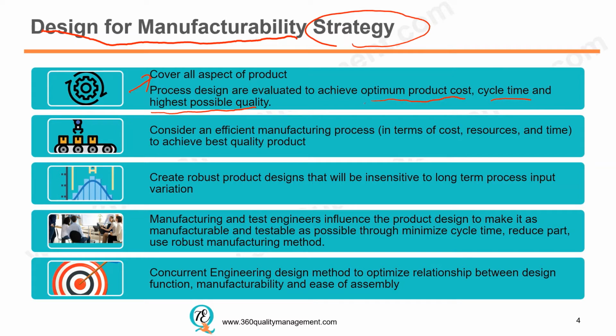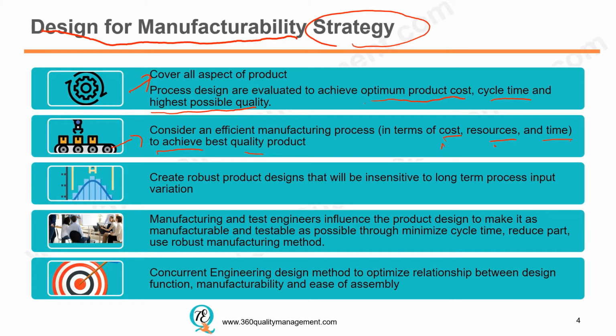Next, it needs to consider an efficient manufacturing process in terms of cost, resources, and time to achieve the best quality. That means while designing, the engineer has to think of how this product should be manufactured at the best cost, resource, and time.